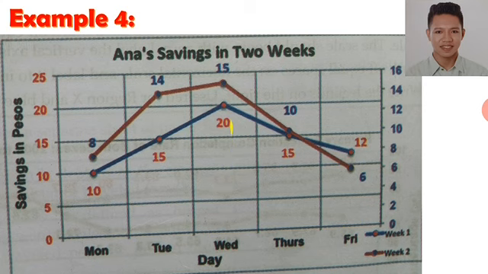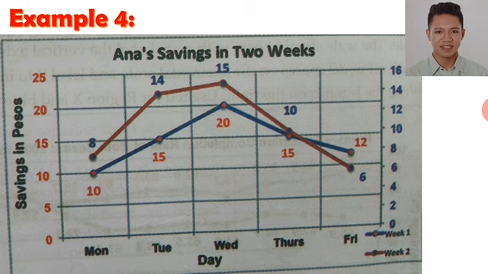So Wednesday is the day that she saved the highest amount. Next question is, in what day of week 1 did she save the least savings? The blue numbers. Least savings for week 1 is 6 pesos, and that is Friday.